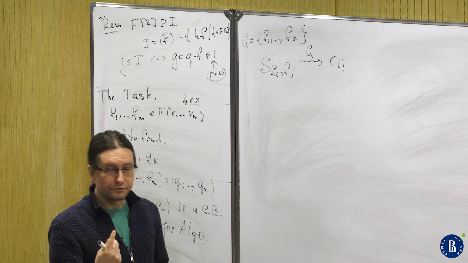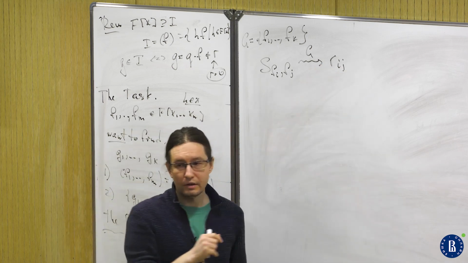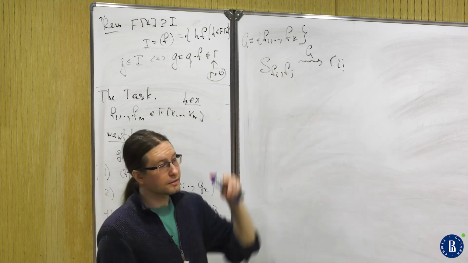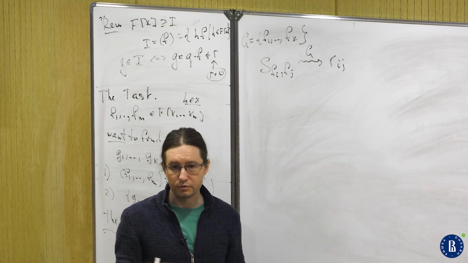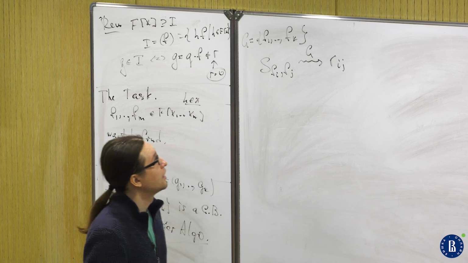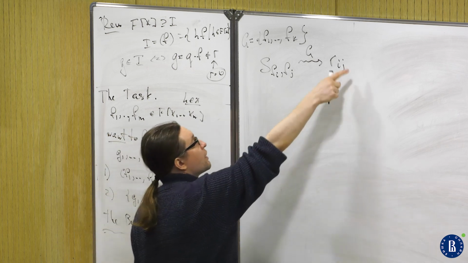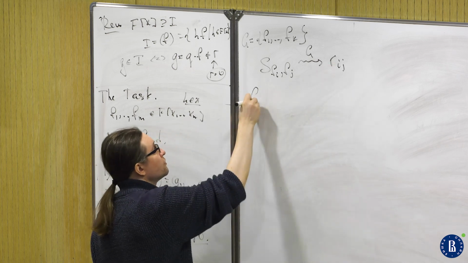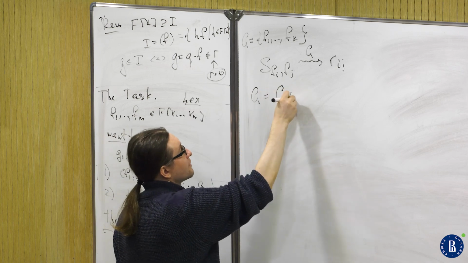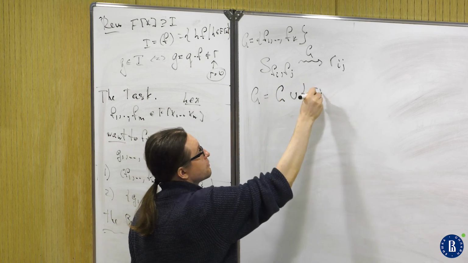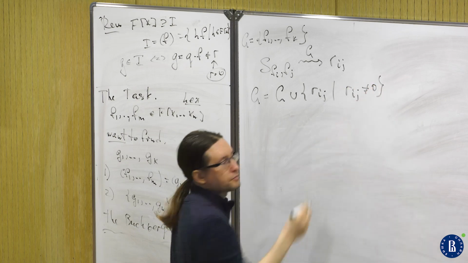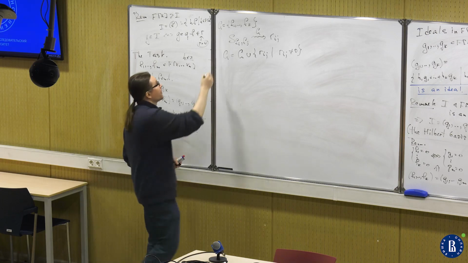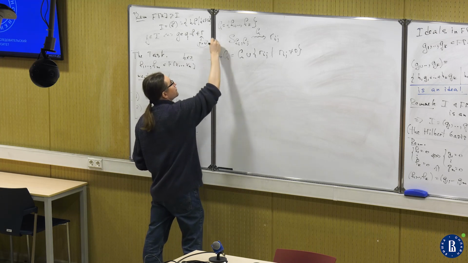Now, if all the remainders are 0, then the set is a Gröbner basis, just by the Buchberger criterion that was presented at the beginning of the lecture. But if at least one of them is not 0, we add all the non-zero remainders to the set G, and then we repeat the procedure.